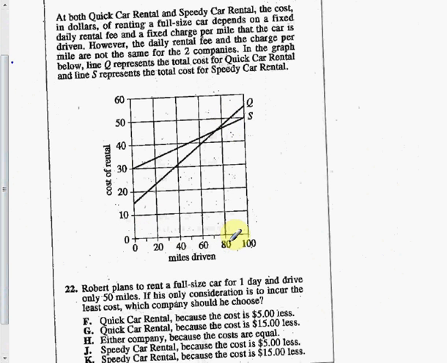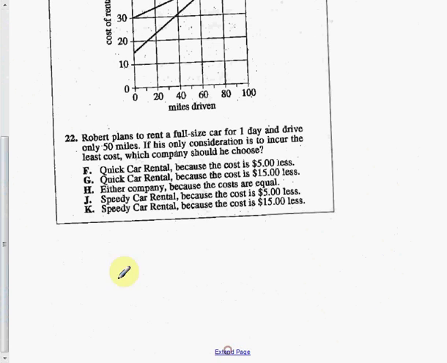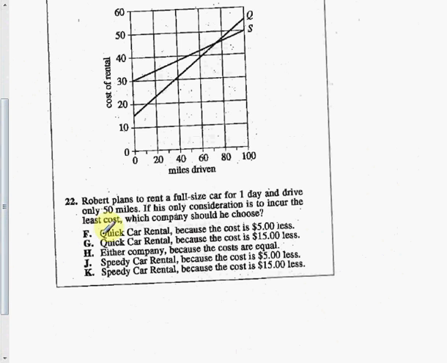Here across, we get the miles driven, and then up and down we get the cost of the rental. So the question says Robert plans to rent a full-size car for 1 day and drive only 50 miles. So he wants to drive 50 miles, so we're there.